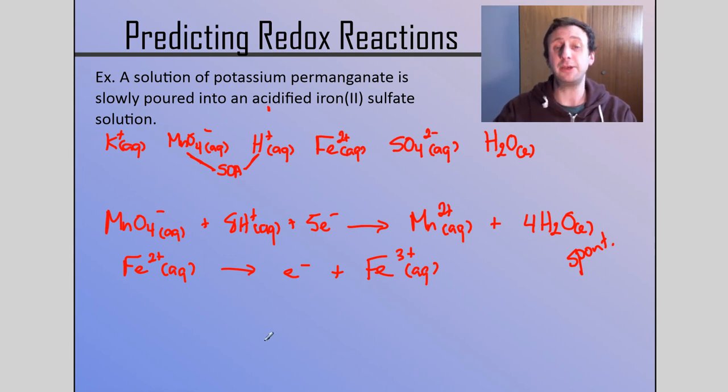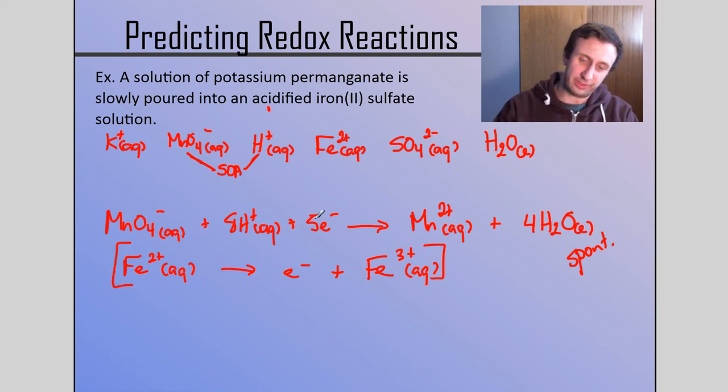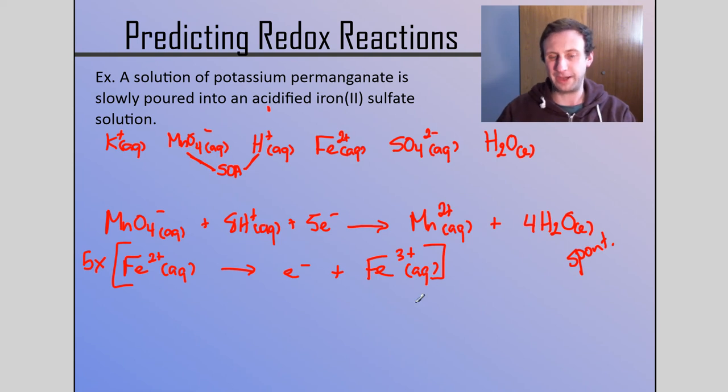All right, I'm ready to combine into my net. It's net time. So I've got 5 electrons in my reduction and 1 electron in my oxidation. So I'm going to need 5 of these to make that work. So I'm going to multiply this whole thing by 5 to make that ready to combine.